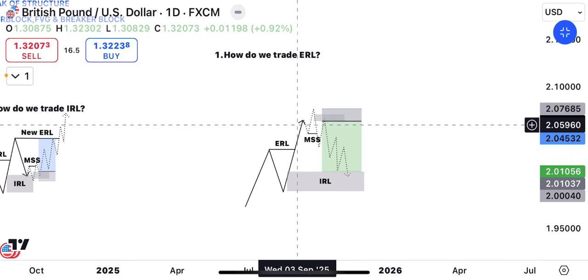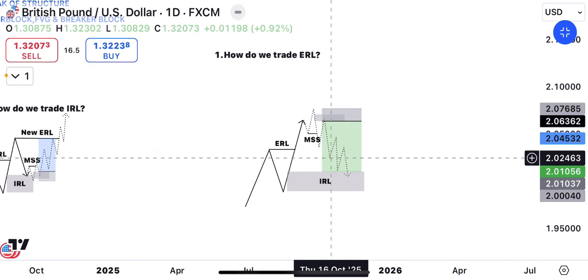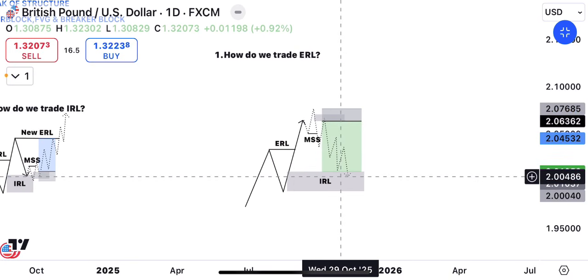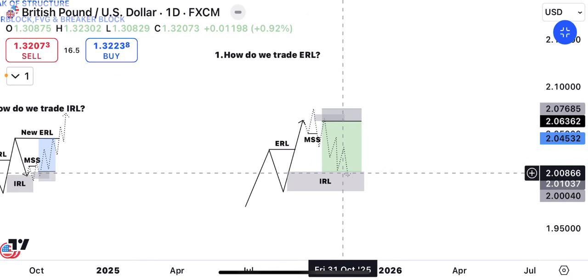So we are expecting the market to come back to tap on the internal range liquidity. Remember, guys, it is a must for the market to tap on the internal range liquidity before pushing up.